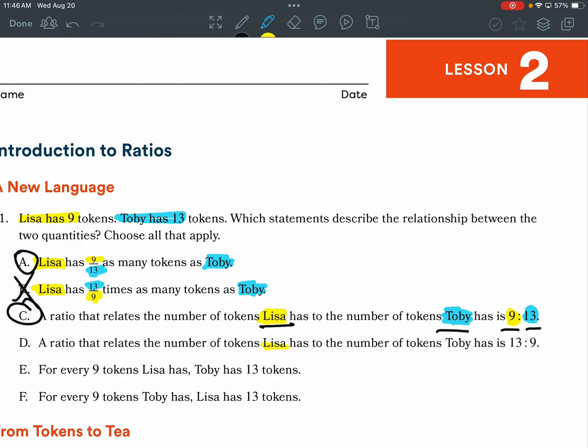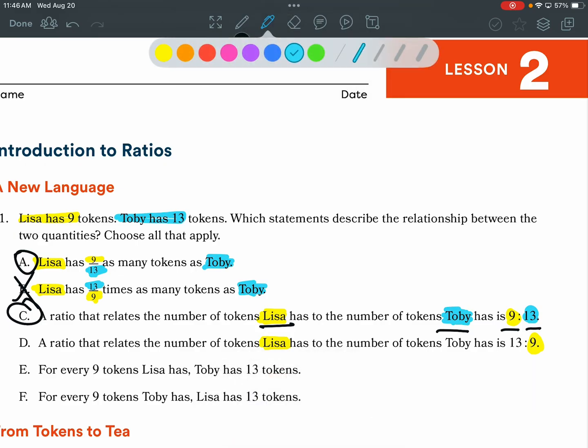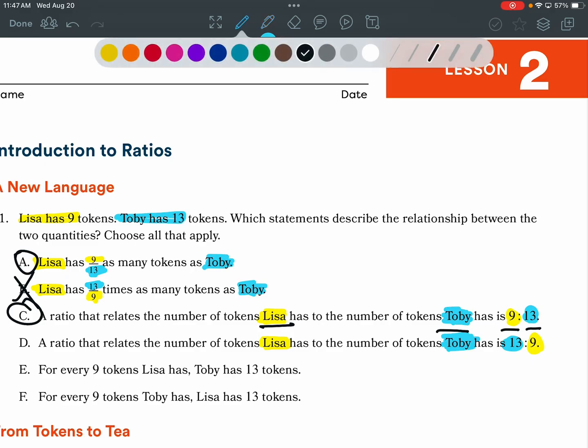Lisa, jumping over here, finding that 9. Lisa's 9. Lisa, woohoo. To the number of tokens. Toby. Toby's 13. Ooh, what'd they do? They switched it. You see how yellow to blue, and now it's blue to yellow? Yep, they're messing with you. Don't let them mess with you.